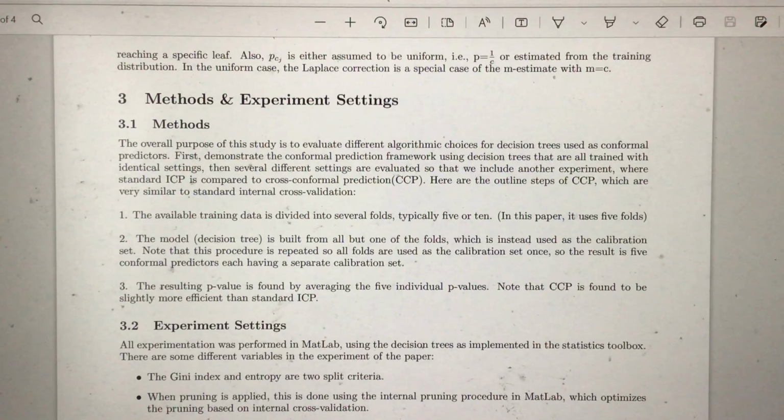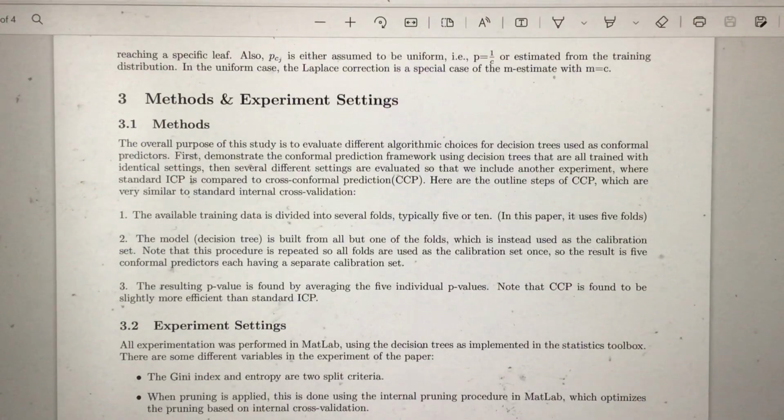We also include another experiment where standard ICP is compared to cross conformal prediction. And here are some outline steps of CCP. The steps are similar to standard internal cross validation. First, the available training data is divided into several folds, typically 5 or 10. In this paper, it used 5 folds.